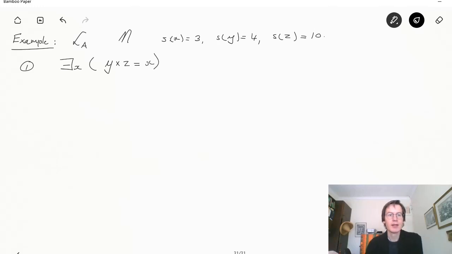So let's think about this. Is it the case that in this structure under S, this formula is true?